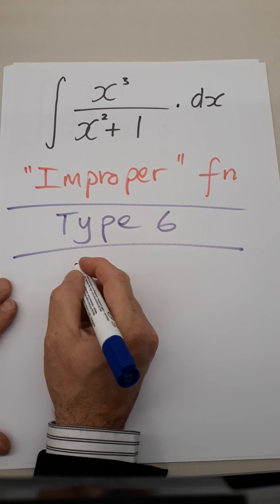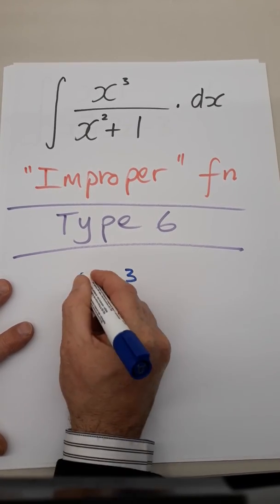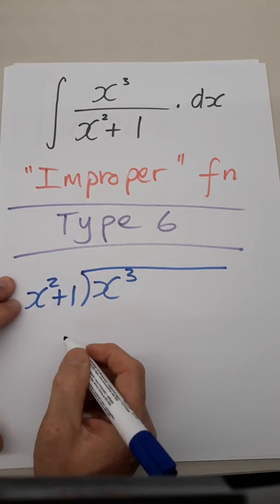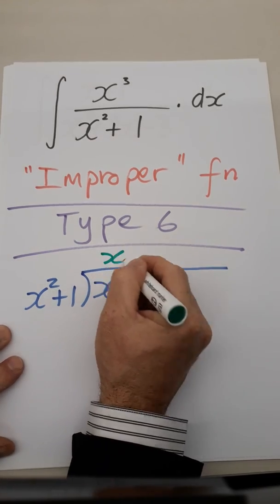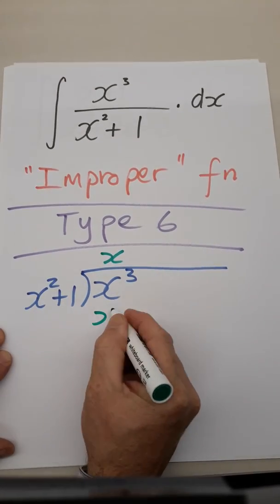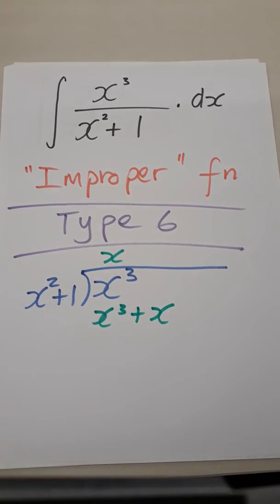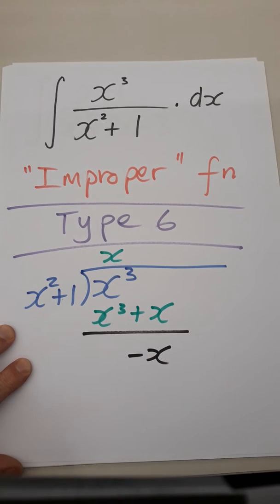So I'm going to actually do this division. I'm trying to divide x cubed by x squared plus 1. That's what it says up here. X cubed divided by x squared plus 1. So I might actually do the polynomial division. X times x squared is x cubed. X times 1 is x. So subtract and I get minus x.